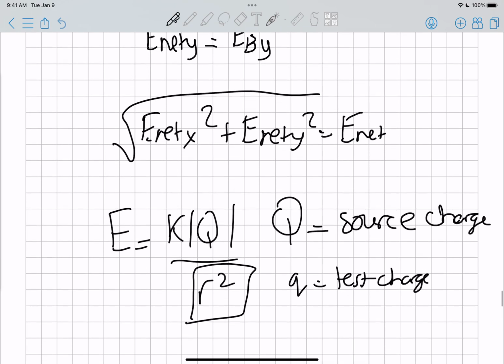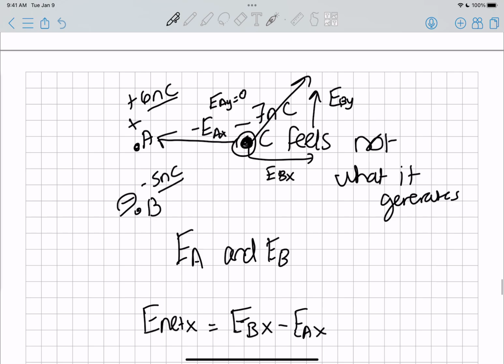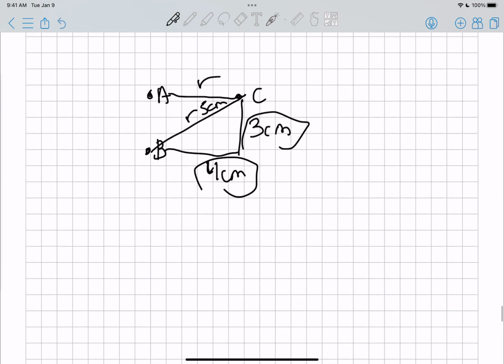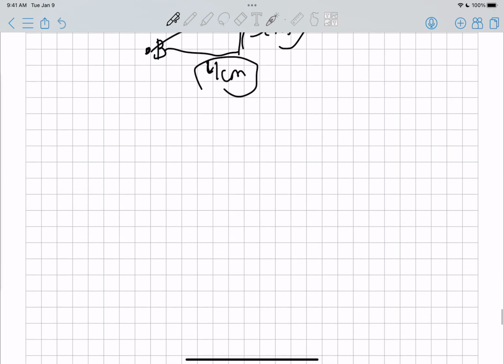So let's say for 6 nanocoulombs, my electric field is in newtons per coulomb.